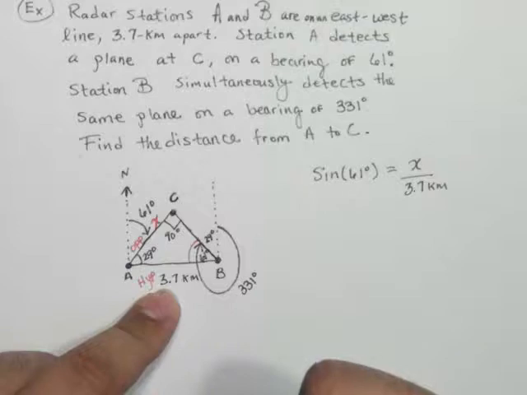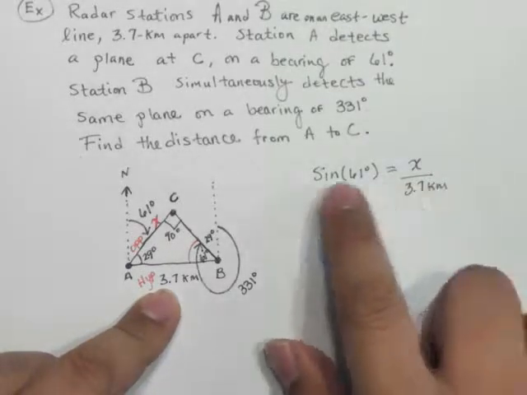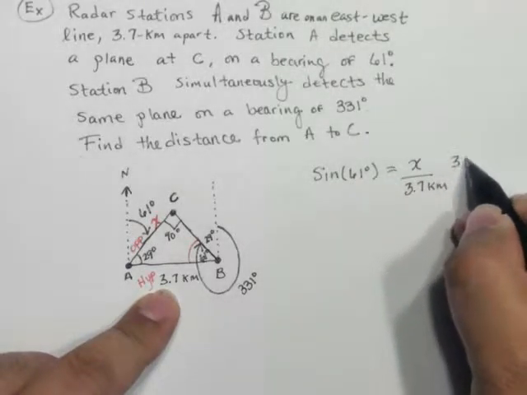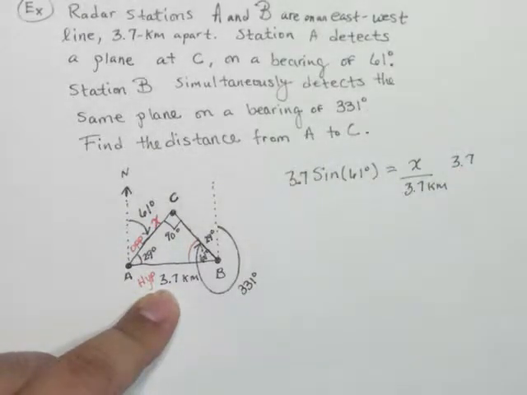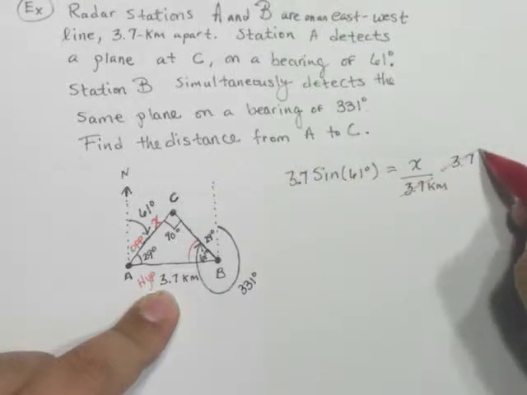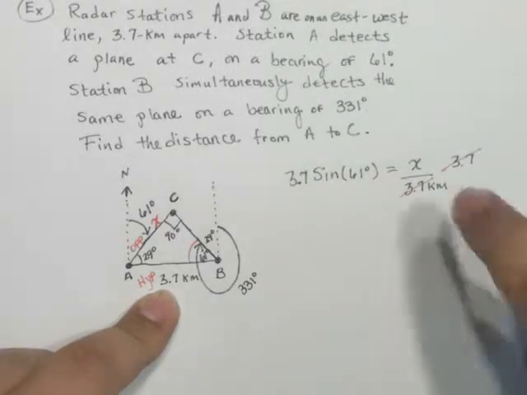Now we're going to clear the fraction by multiplying both sides by 3.7, and we've got this and this gone. So we've cleared the fraction.